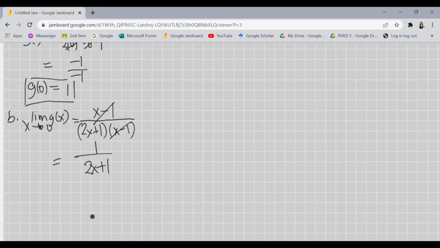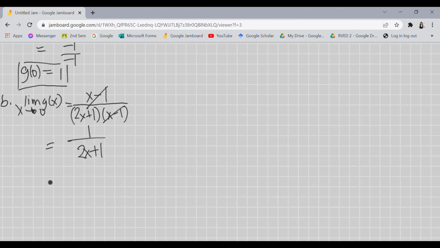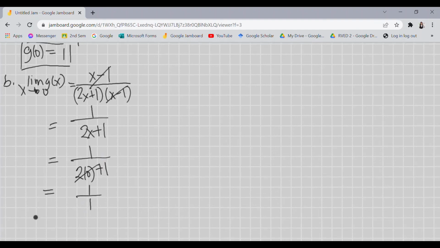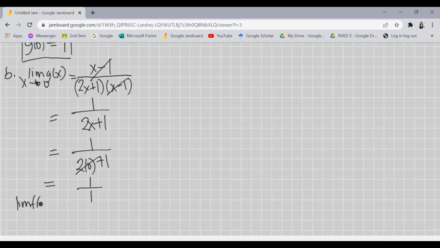Saka pa kayo magsa-substitute ng 0. So, we have here 1 over 2 times 0 plus 1. And therefore, you have here 1 over 1. Which is the limit now of the function as x approaches 0 is equal to 1. That is now our answer.